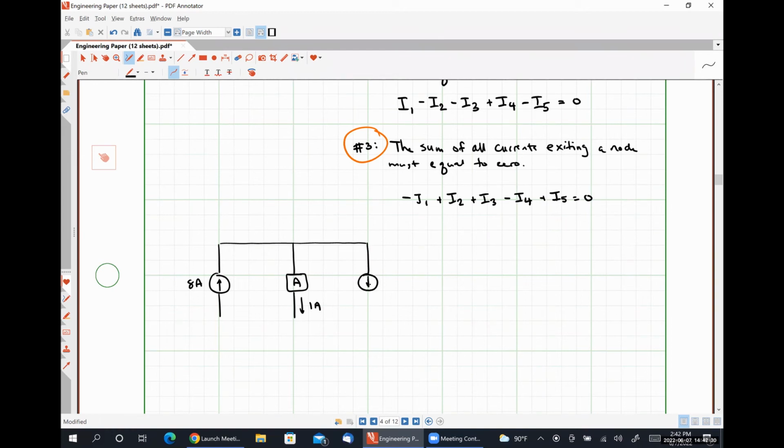We have a 2 amp current source, and we have some element B over here, and we want to know the current carried by element B, I sub B, in the up direction.